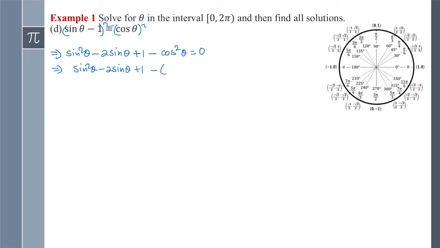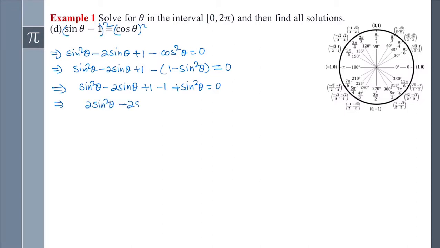So I'll write 1 minus sine squared theta equals 0. Which means we have sine squared theta minus 2 sine theta plus 1 minus 1 plus sine squared theta equals 0. If we combine like terms, 1 minus 1 is 0, and sine squared theta plus sine squared theta gives 2 sine squared theta minus 2 sine theta equals 0.